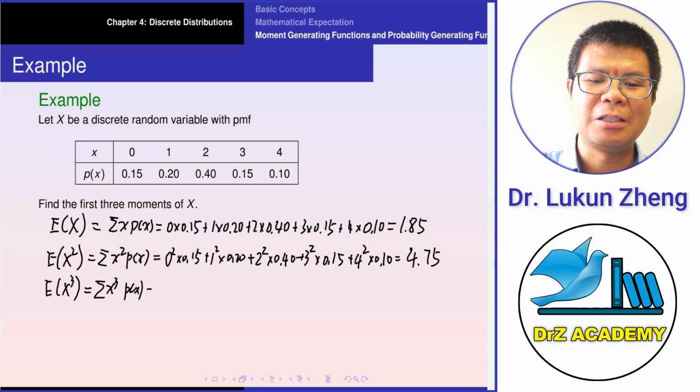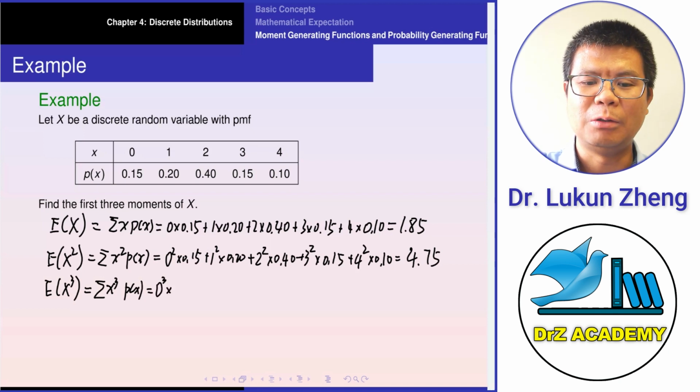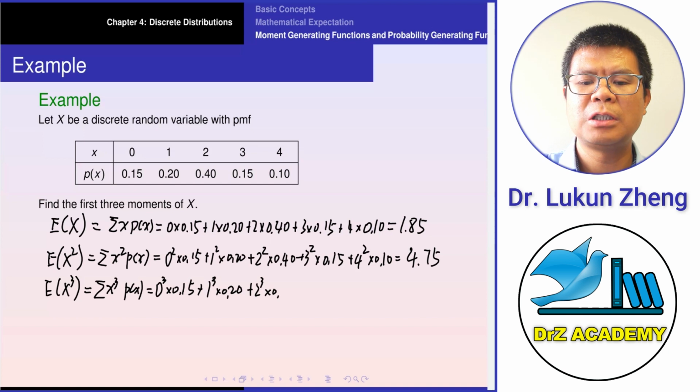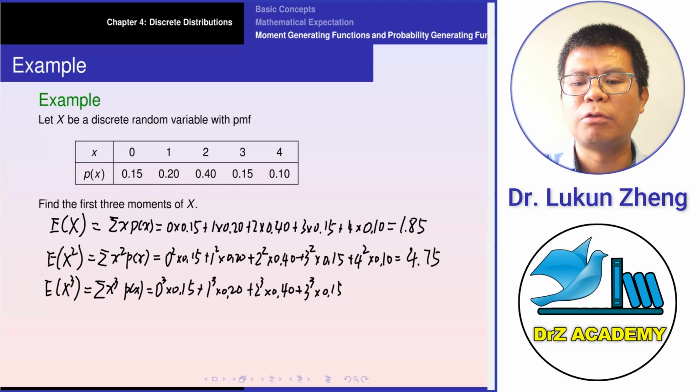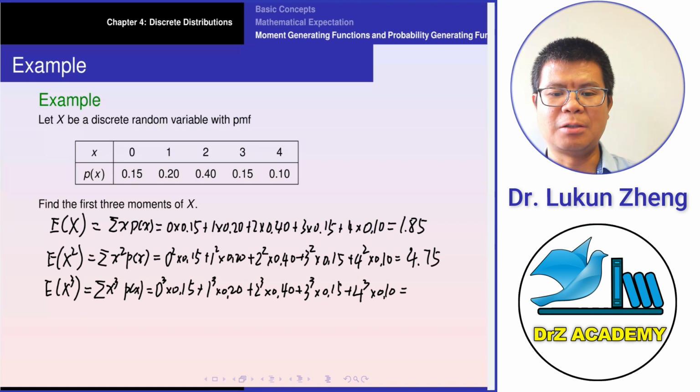So again, 0 cubed times 0.15 plus 1 cubed times 0.20 plus 2 cubed times 0.40 plus 3 cubed times 0.15 plus 4 cubed times 0.10.